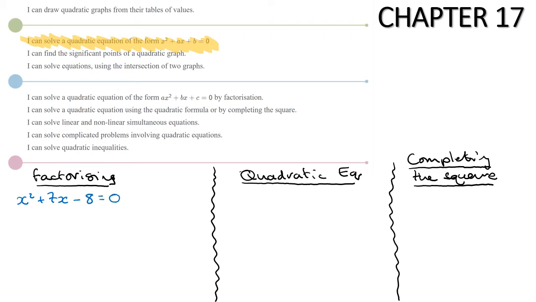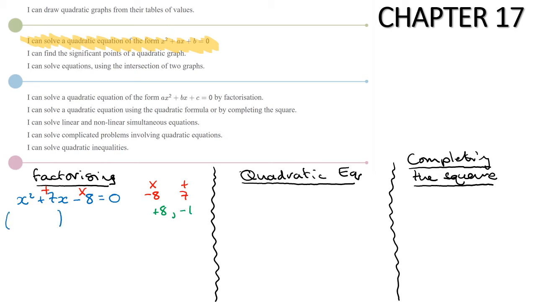The first thing we do is we put a times sign above the -8, a plus sign above the 7, and I'm looking for two numbers that multiply to give me -8 and add to give me 7. Those two numbers are going to be plus 8 and -1. They add to give 7, they multiply to give -8.